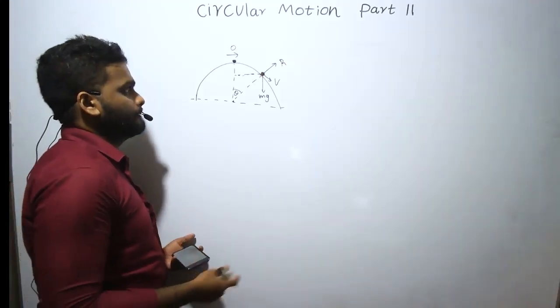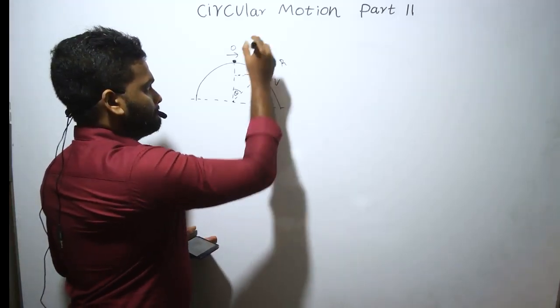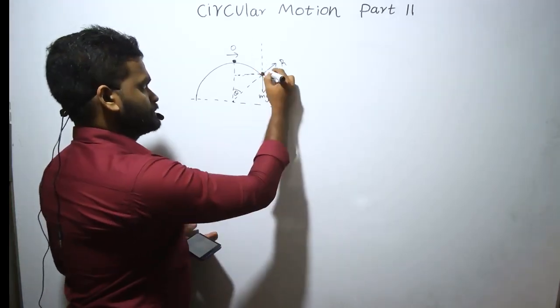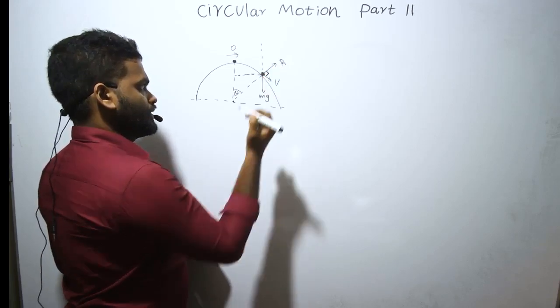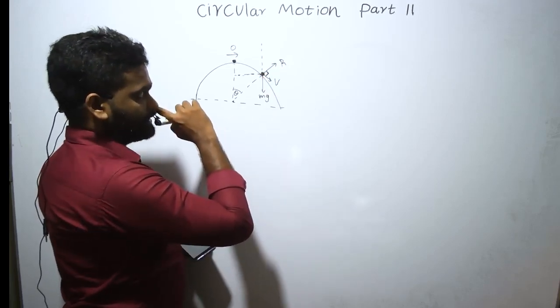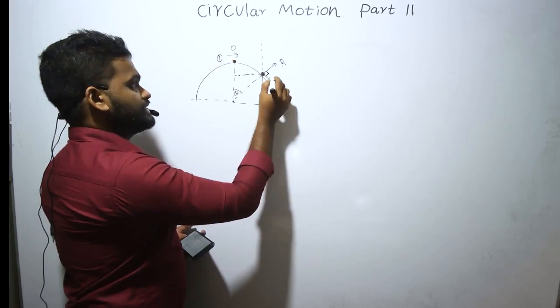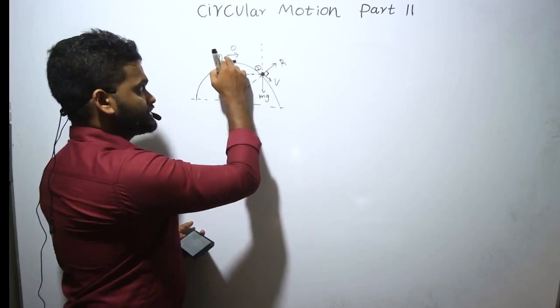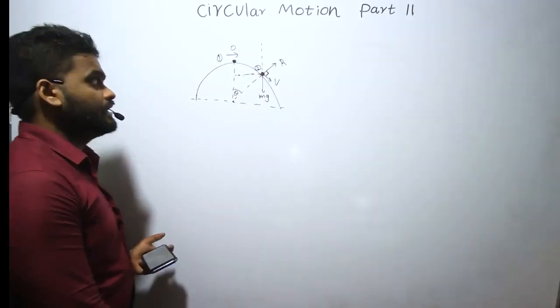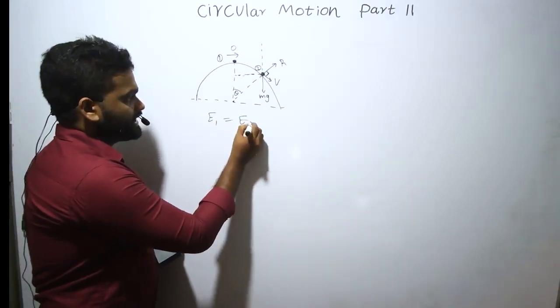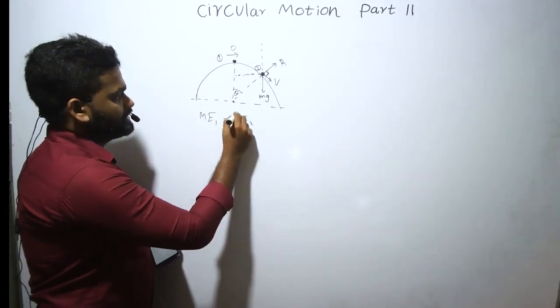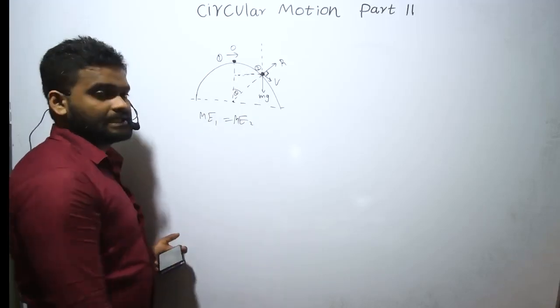Anyway, let's say this is the first case, second case. So I'll just apply energy conservation, right? So say mechanical energy at 1 is equal to mechanical energy at 2.